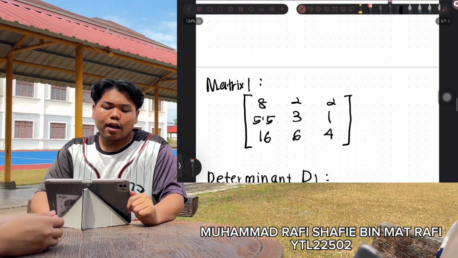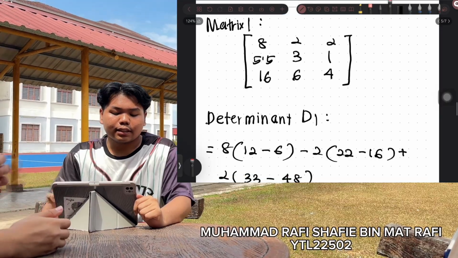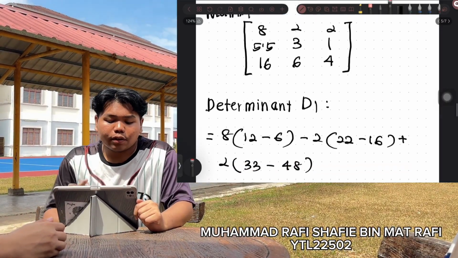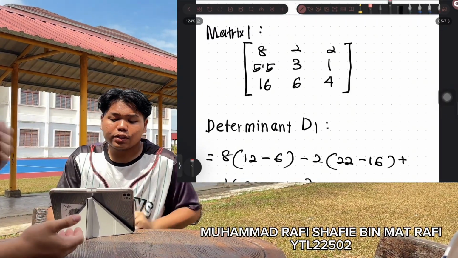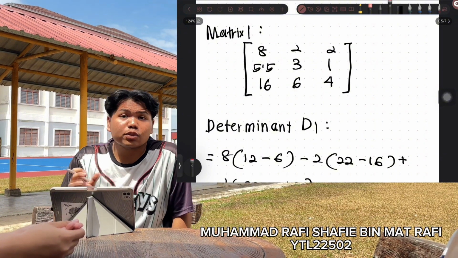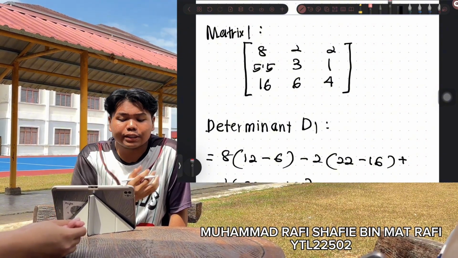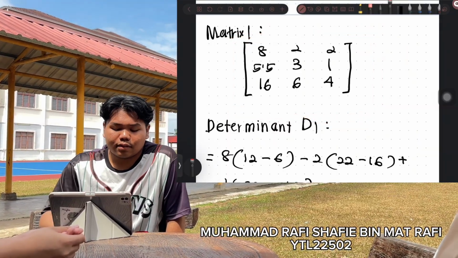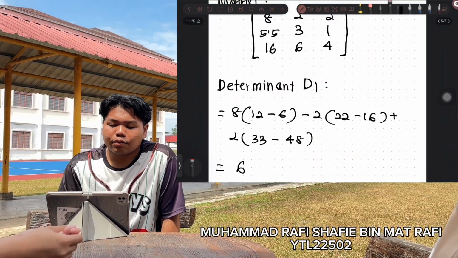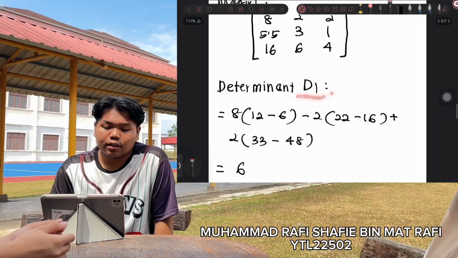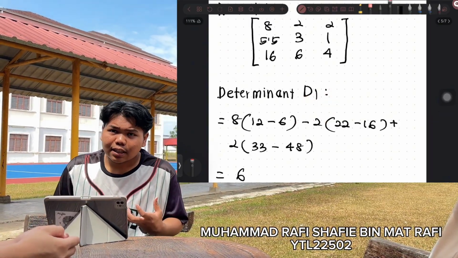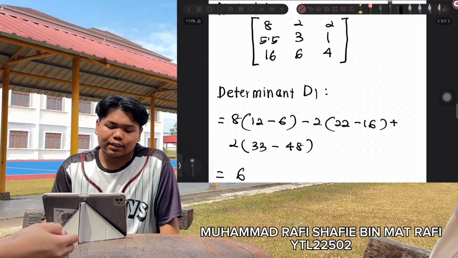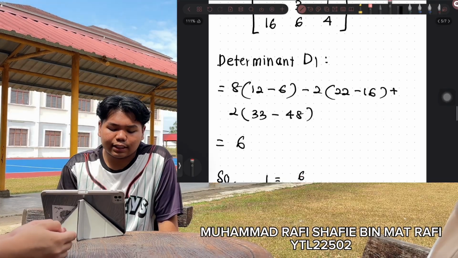And then we can find the determinant DL. Before that, we need to transform the matrix. We need to present the matrix L like this. Then we find the determinant DL. We use the same method to find the determinant DL, and we got the answer 6.